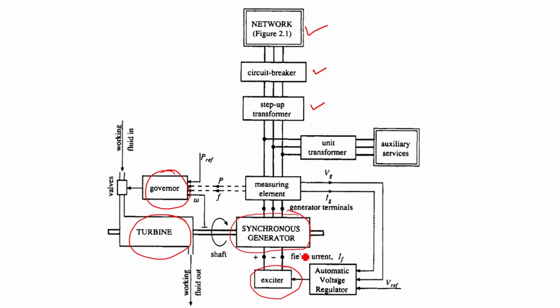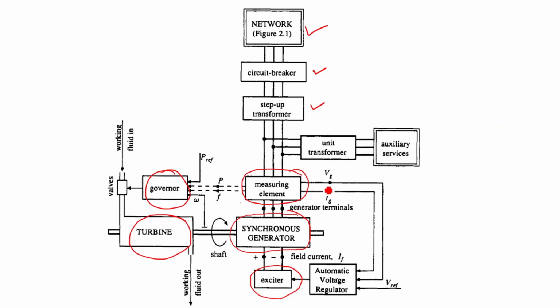So in order to control this synchronous generator, we need all these components: exciter, governor, and turbine. These three elements play a very important role to dynamically control the output of the synchronous generator. Therefore, we have a measuring element here by which we measure the terminal outputs, and it is fed back to different components.